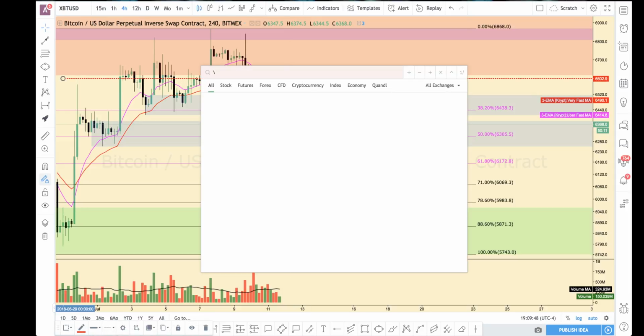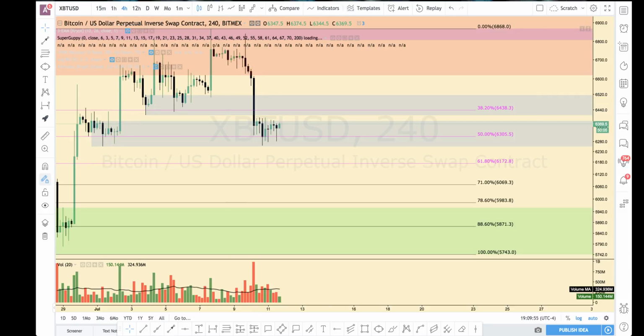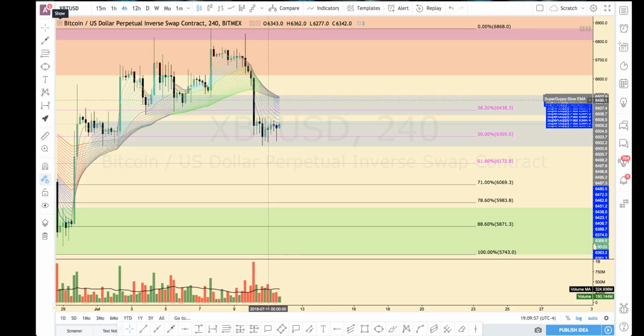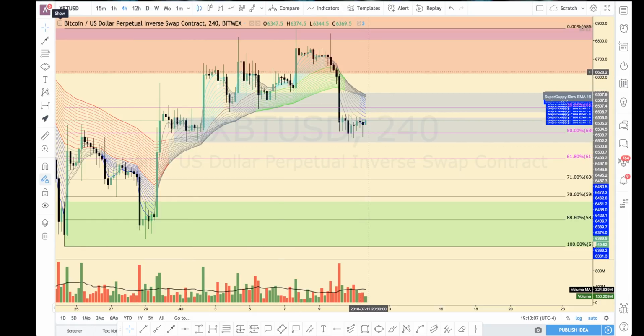I actually set my stop based on another EMA indicator, the super guppy on the 4-hour, where I see the slow EMAs starting to twist down. The fast EMAs have started to turn blue, which is a shift in bearish momentum for traders on the 4-hour. So my stop is at 6,600 because I want it above the slow EMAs on the 4-hour.